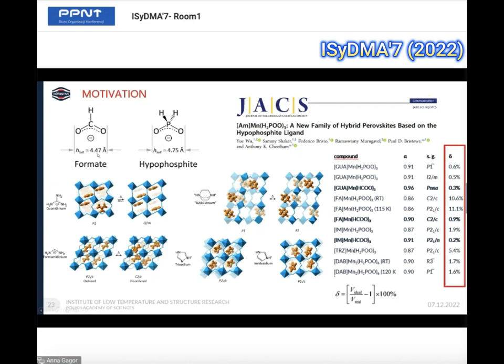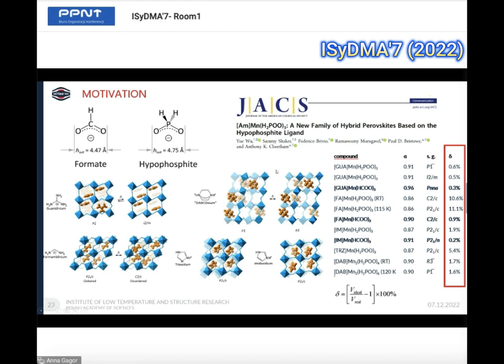You can see here it is slightly longer, but only by 0.3 angstrom, so the change is not large. But what mostly influences the structure is the fact that this ligand is no longer planar and is very flexible. So this OPO angle may change over a broad range of angles.